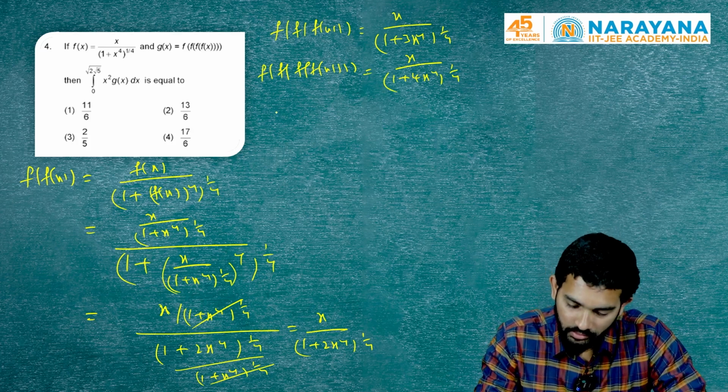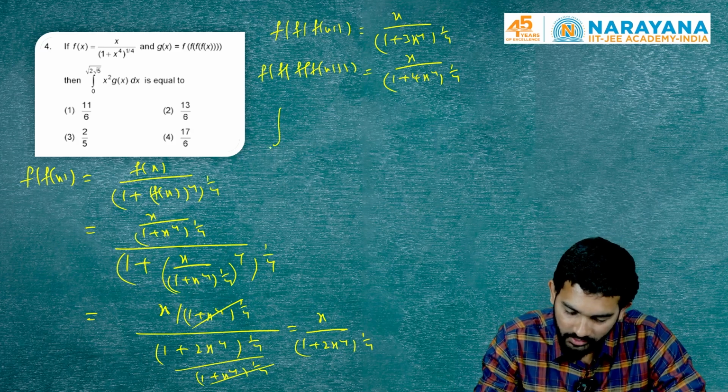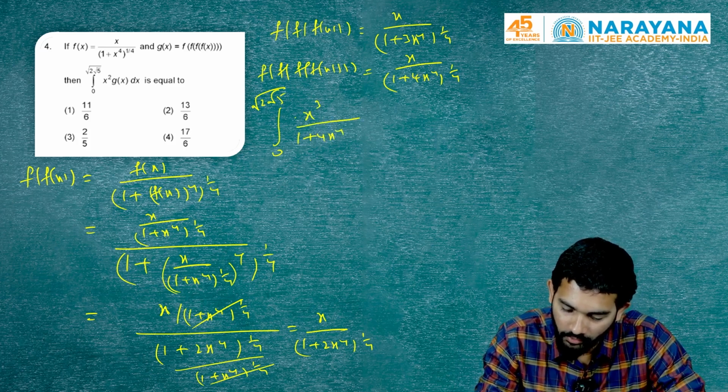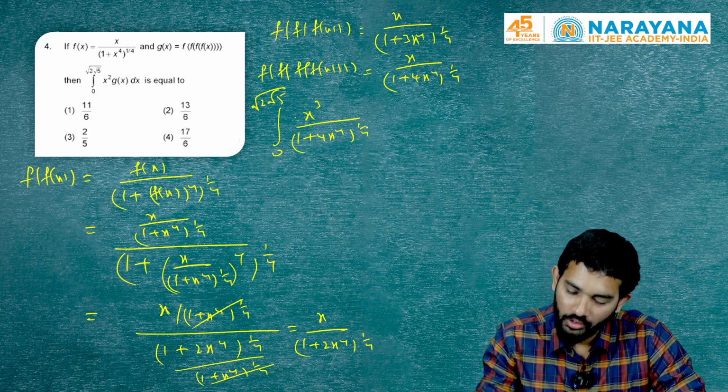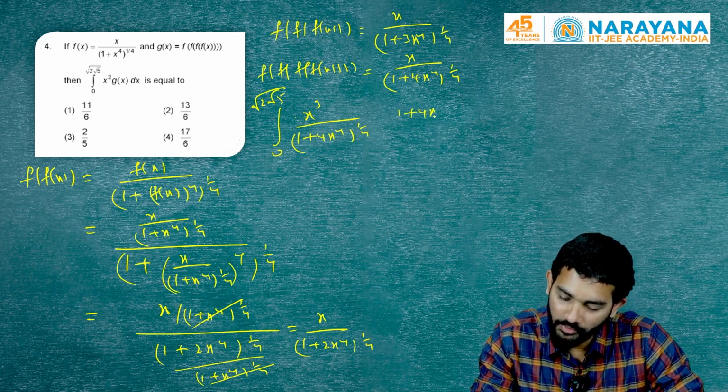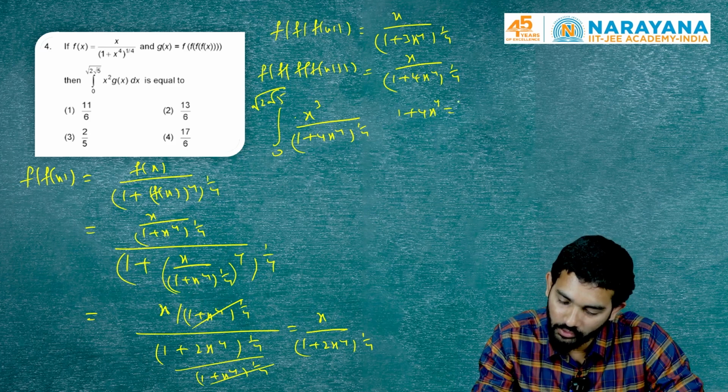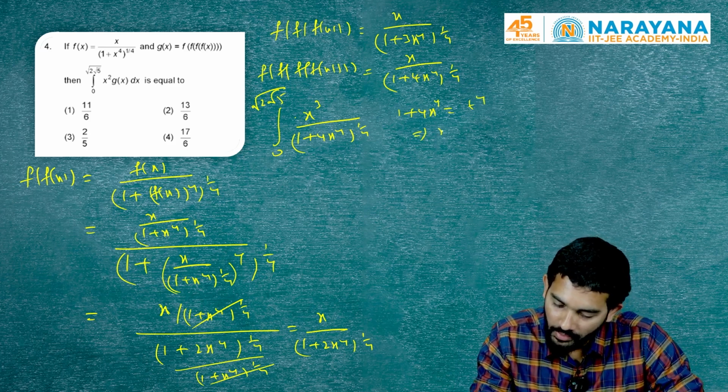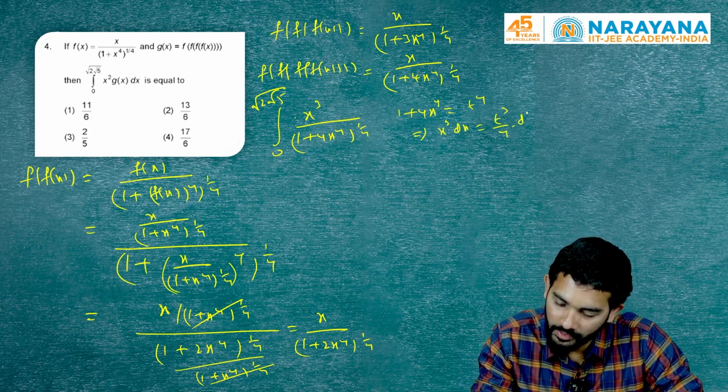Now if I substitute here g of x, we got it as this. So the integral from 0 to the square root of 2 times root 5 of x squared into g of x will be x cube divided by (1+4x^4)^(1/4). Now let us substitute 1+4x^4 equal to t^4. So this will give x cube dx is equal to t cube by 4 dt.